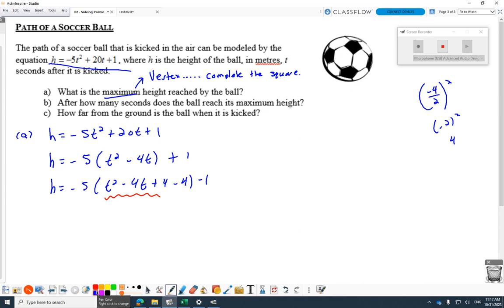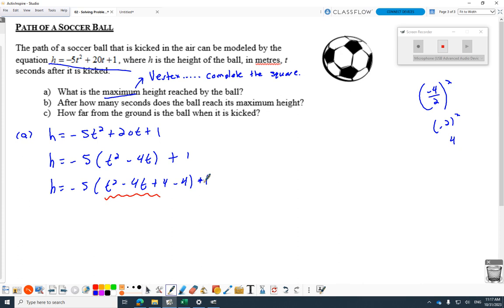Is that a plus or a minus 1? Plus 1, thank you. Plus 1 over there, good. What two numbers multiply to +4 but add to -4? It's -2 and -2.